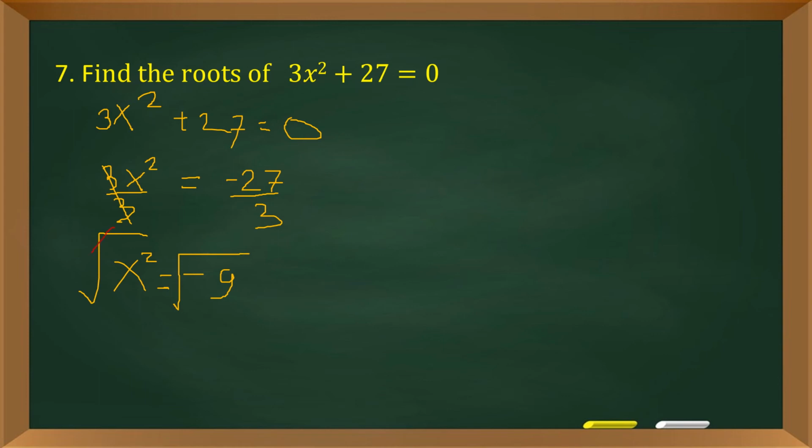Again, cancel out. Square and square root. So, x is equal to the square root of negative 9. But our radicand, the number inside the square root, is negative. There is no negative number that can be square rooted. So, our answer is no real roots.